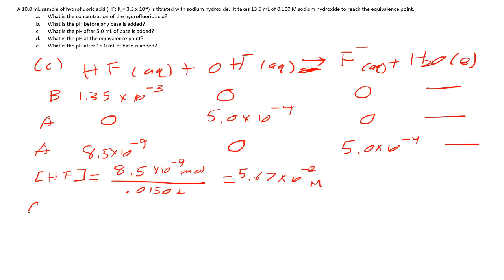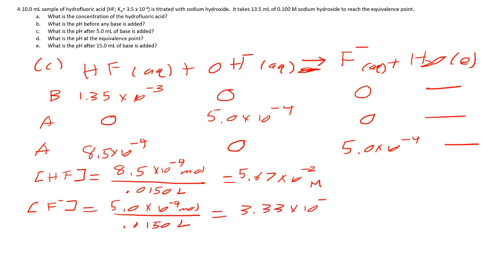Now we're going to do the same thing with F minus. We've got 5.0 times 10 to the minus 4 moles over 0.0150 liters, which is equal to 3.33 times 10 to the minus 2 molar. So now we have pH equals pKa plus the log of the base over the acid.